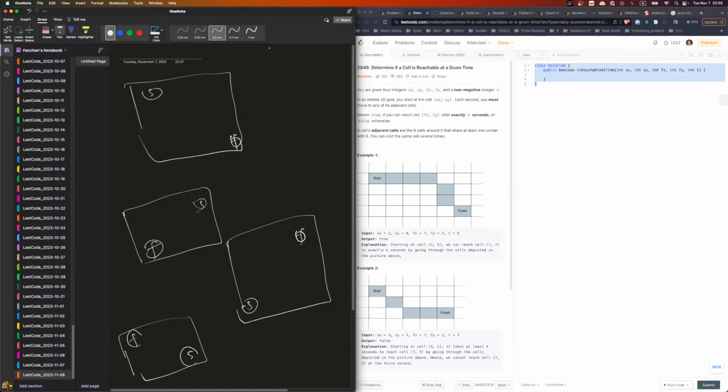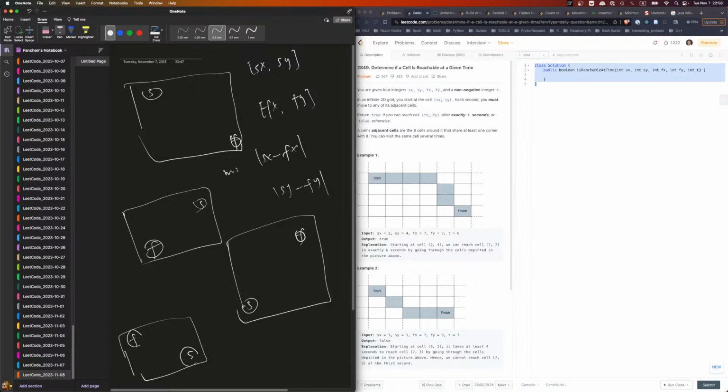So for this one it's the same, it's diagonal. So we have Sx, Sy. Basically Sx minus Fx is this, and then Sy minus Fy is this.